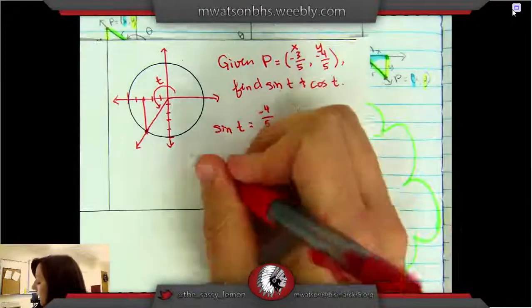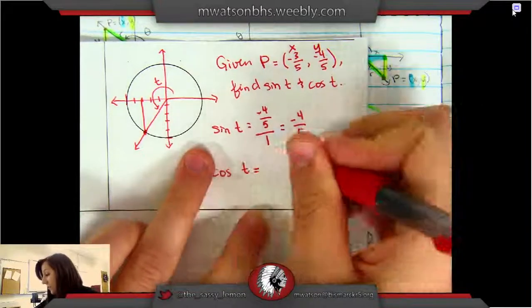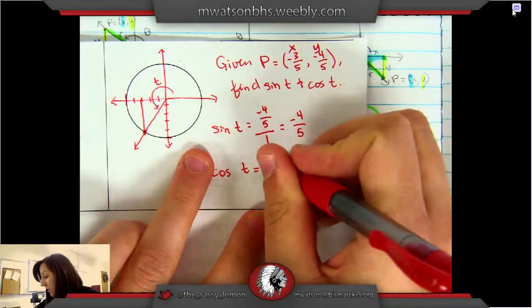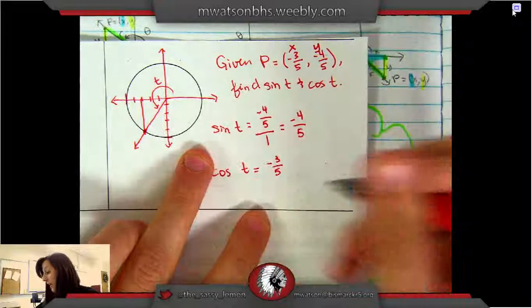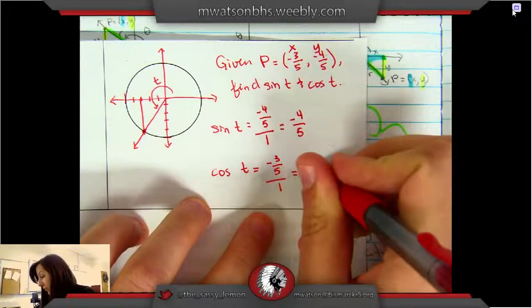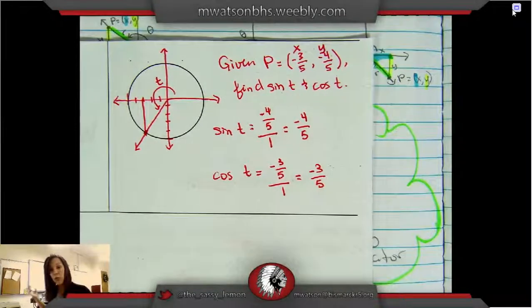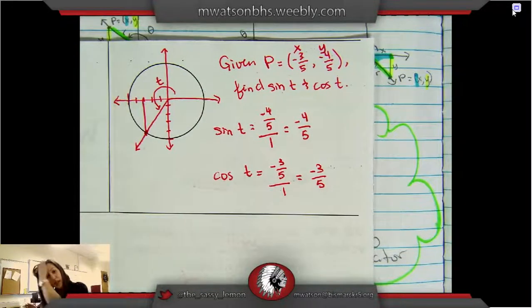And the same thing's going to happen with cosine. Cosine of t equals x over r. So we're going to do -3/5 over 1, which is just going to equal -3/5, which means cosine of t basically equals x. Okay, so that actually leads us to something very profound.